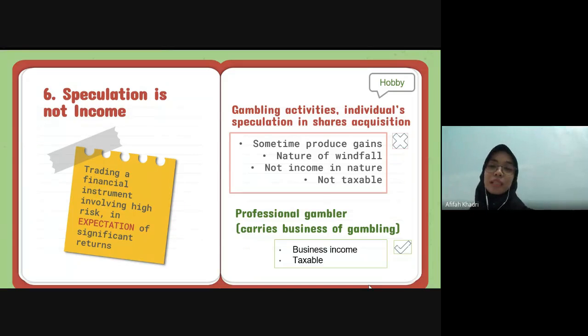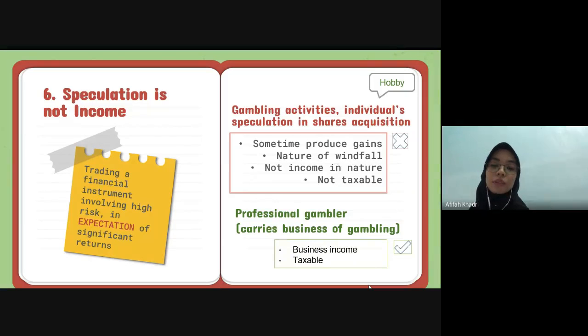Okay, for example, here are gambling activities or share acquisition. Sometimes these activities will produce gain and sometimes we will suffer loss, and it is unexpected. So the gain from these activities is not income in nature and will not be taxable. This is if those activities are just their hobby.